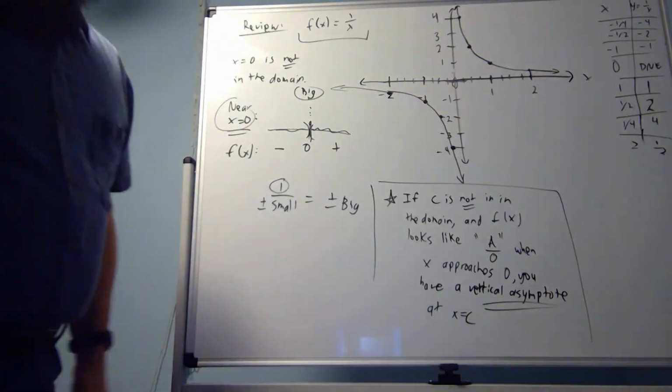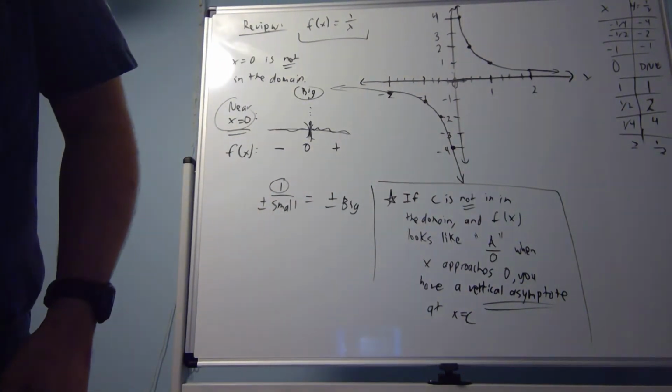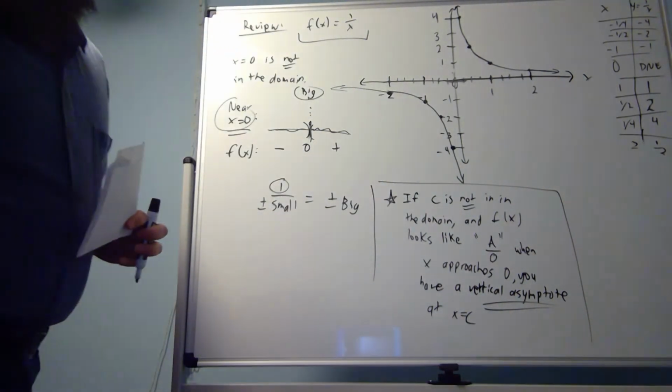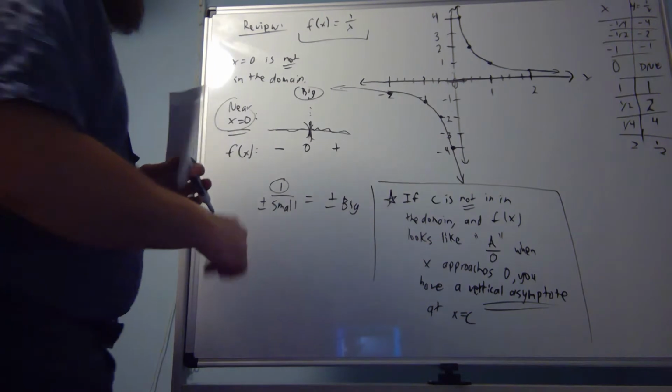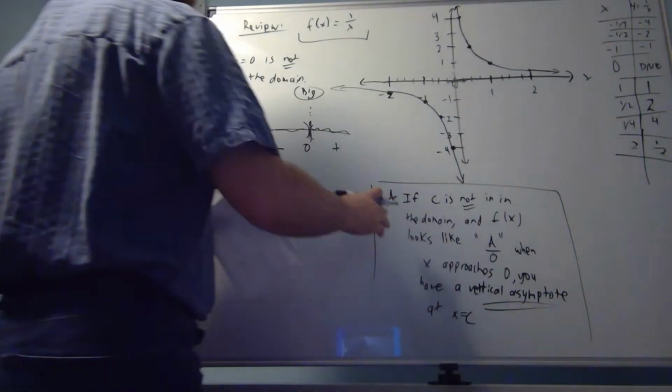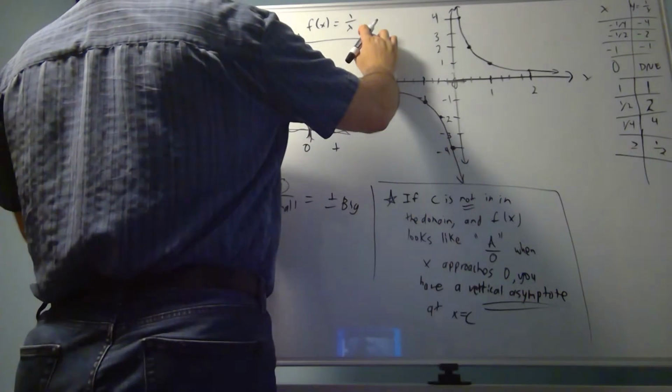So what I want to do is compare that to this other thing. You can pause it, but I'm going to use almost the same graph for almost the same function.